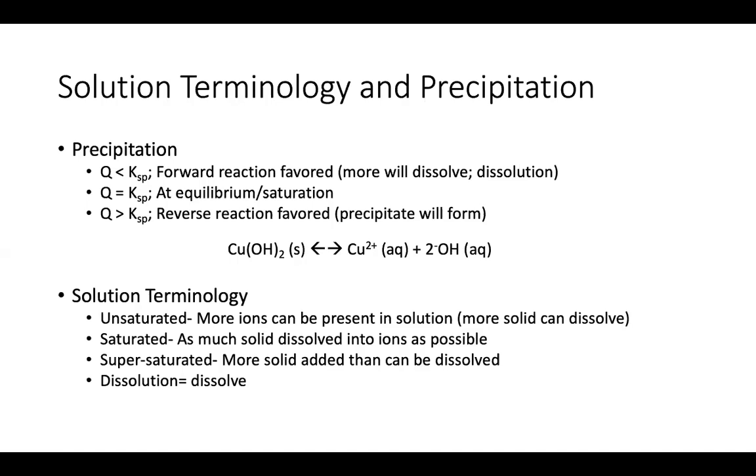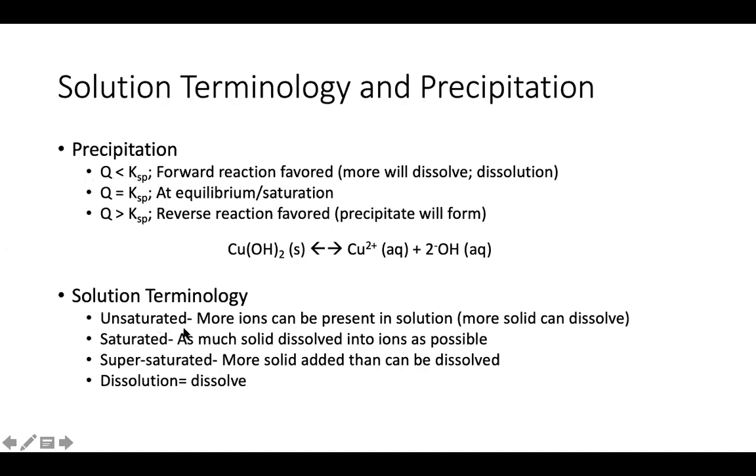Now it's really hard to talk about precipitation and solutions in general if we're not familiar with our solution terminology. So just to review terminology that we somewhat covered last semester, but some of it's somewhat new. Unsaturated means that you have not reached your saturation point yet. An unsaturated solution corresponds with Q being less than your KSP.